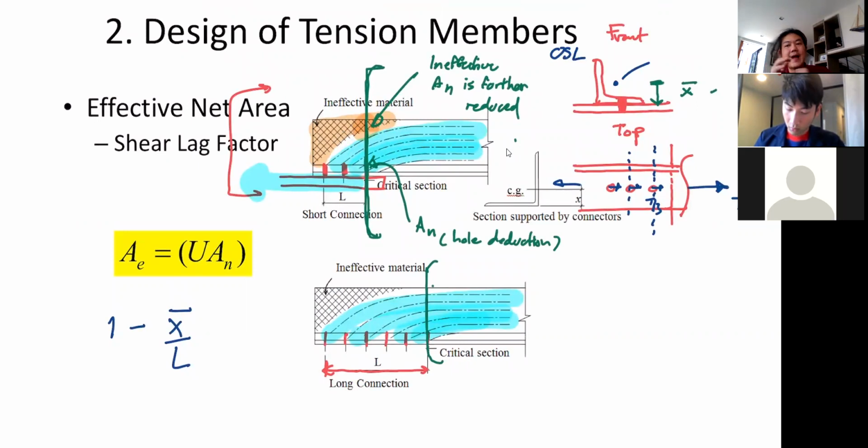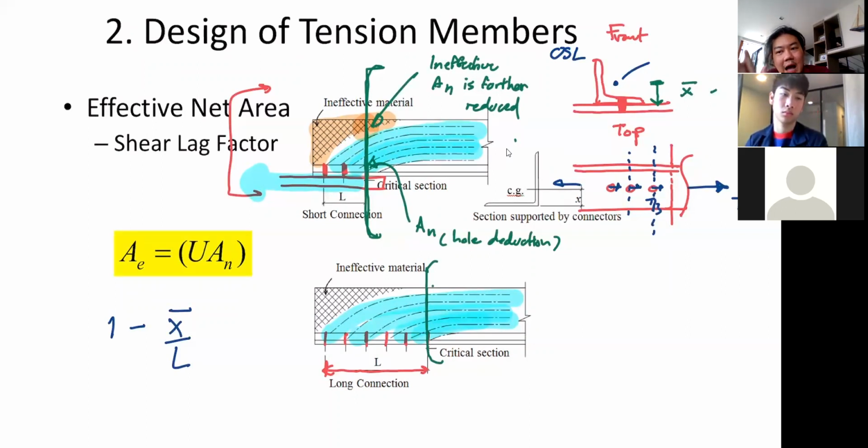So in practice, nobody is going to try to connect that element. Most of the time we are going to leave that leg free in the air. So the problem is that when we talk about angles, we have two legs, so we have two elements. When we do not connect all the elements of the section, shear lag will occur.